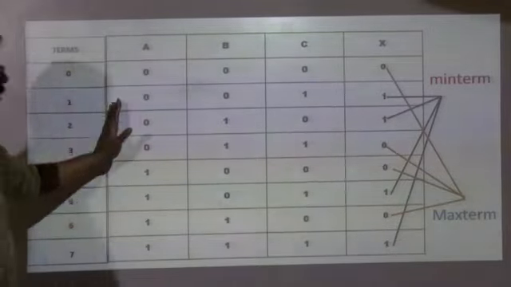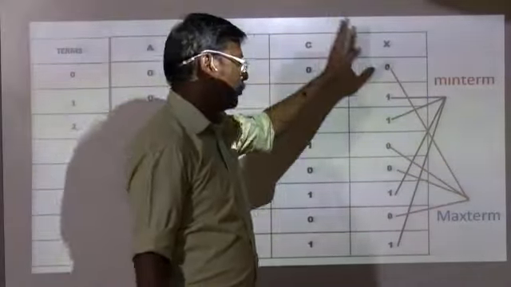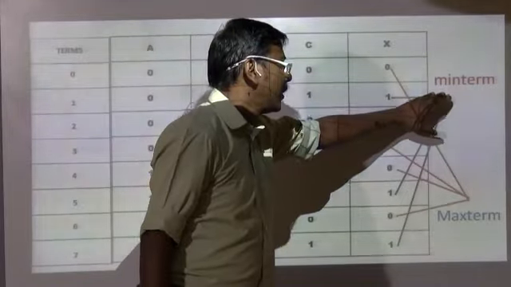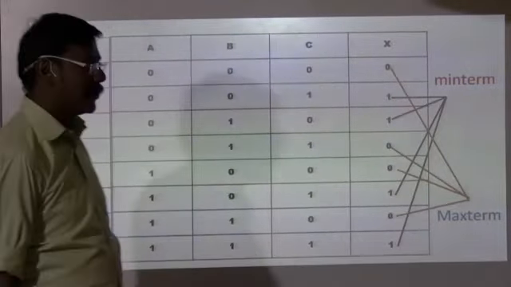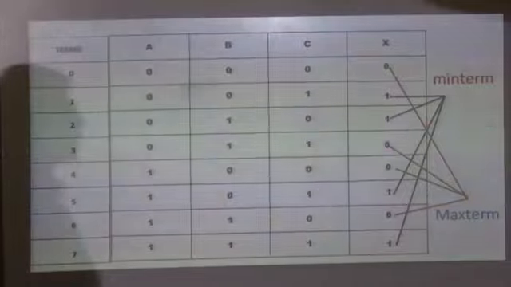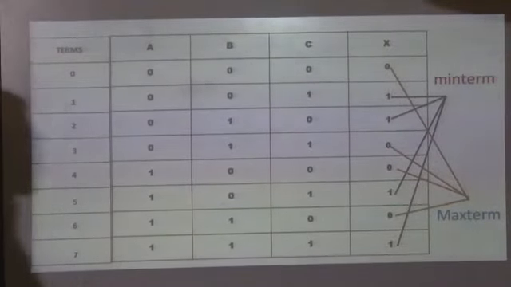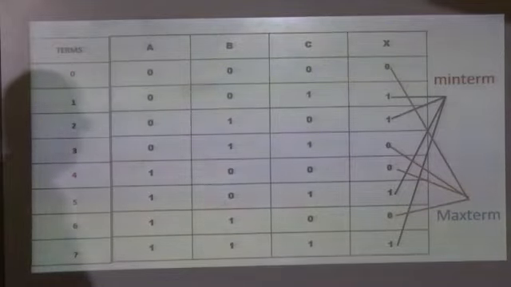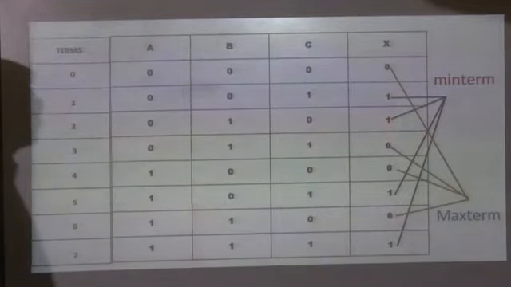Okay, so from this output in the truth table, we know which are the min terms and which are the max terms. Wherever you get 0, that is taken as a max term, wherever you get 1, it will be taken as a min term. Fine.